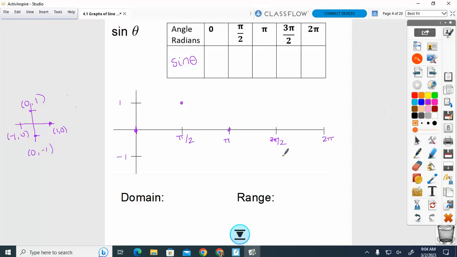So at 3 pi over 2, sine is -1. And at 2 pi, we're back to where we started, so sine is 0.